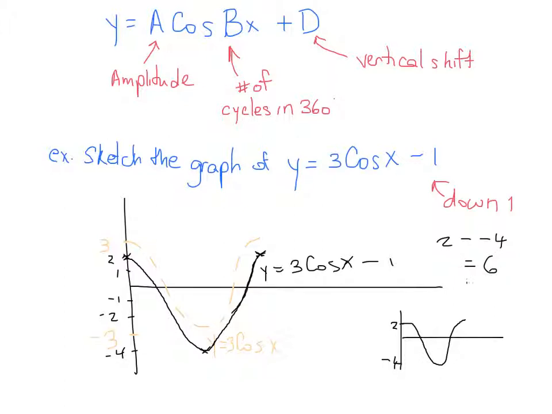Half it to figure out that the amplitude is 3. Cosine should start at the amplitude, at 3, but it's not starting at 3. It's starting at 2, which means that the shift must be 1. So y equals 3 because our amplitude is 3, cosine x, but because it's starting 1 lower than the amplitude, you know it was shifted down 1. I hope that's clear to you.